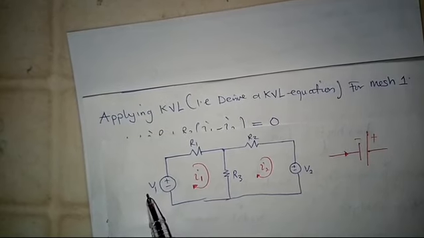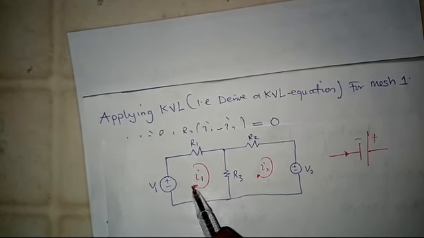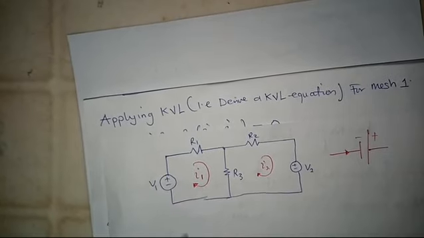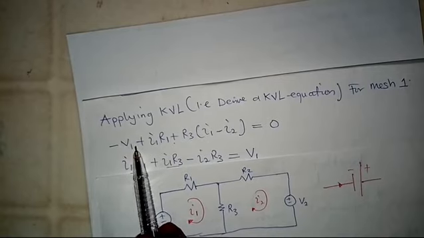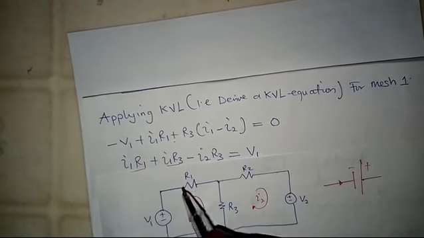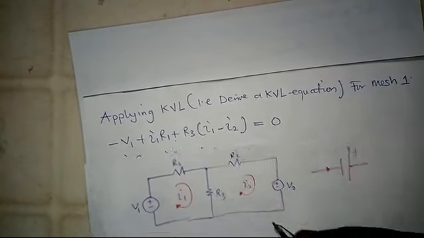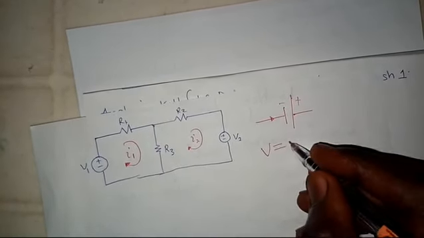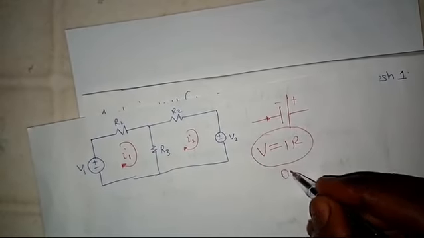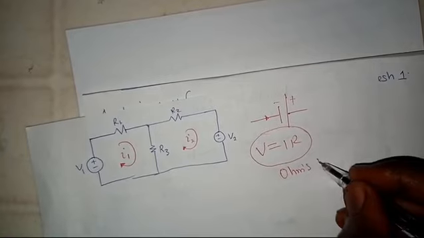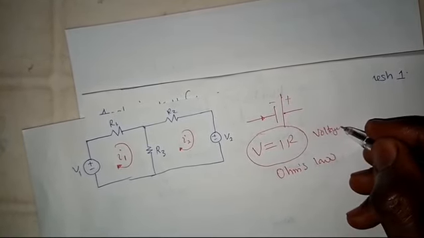So it means that our V1 here is automatically carrying a negative sign because it's flowing from negative to positive, which is the same direction as the current. That's how we have this V1 to be minus, plus the voltage drop here, which is I1 times R1. Remember that voltage V equals IR, which is called voltage drop, and it's also known as Ohm's law.